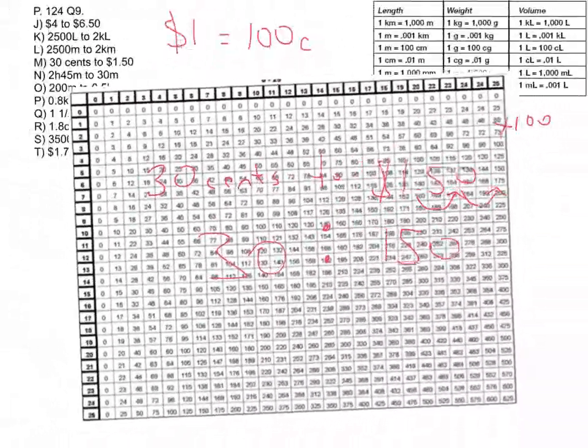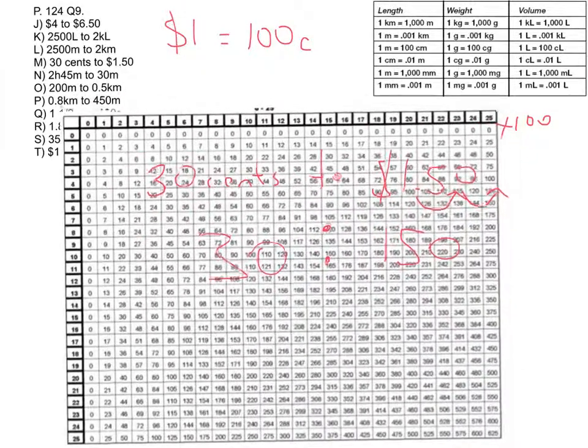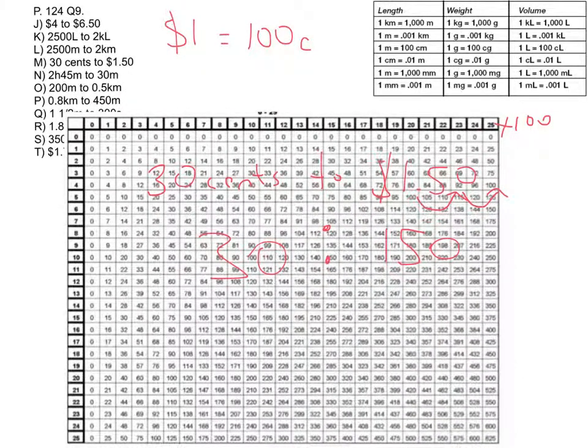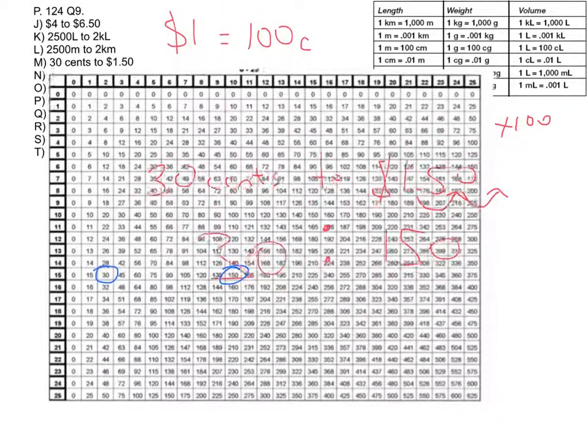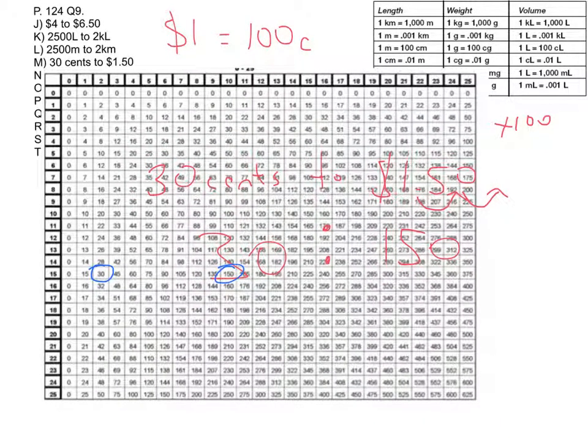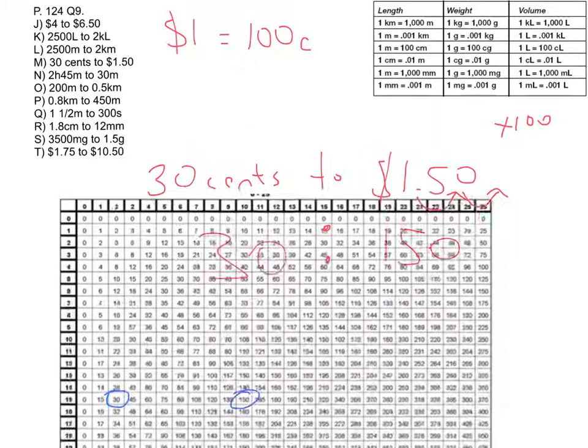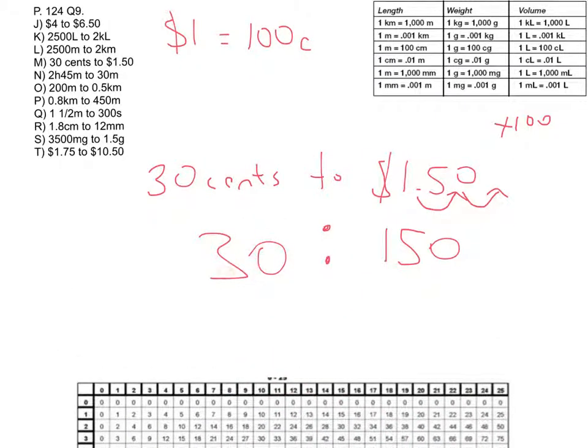Okay, if we have a look at our times table, we can see that there is a number 30 over here and a 150 over here. So in this case, it's in the multiples of 15. Unfortunately, the times table only goes up to 25. The highest common factor for these two numbers is actually 30.